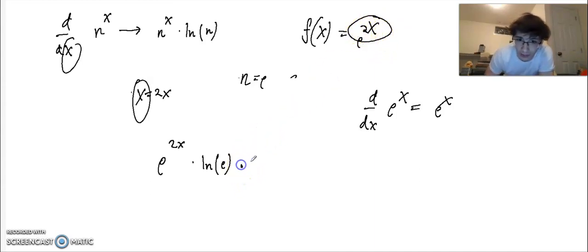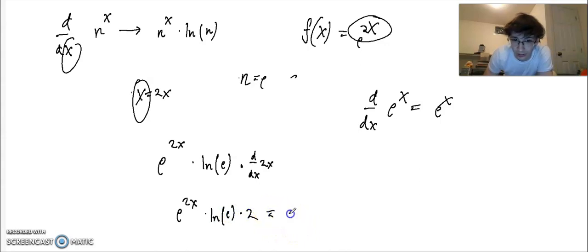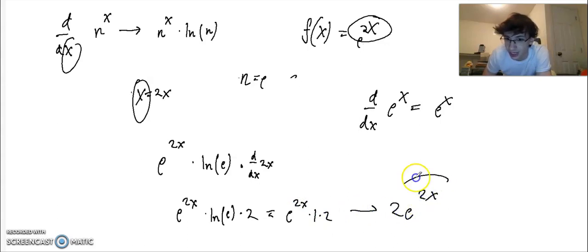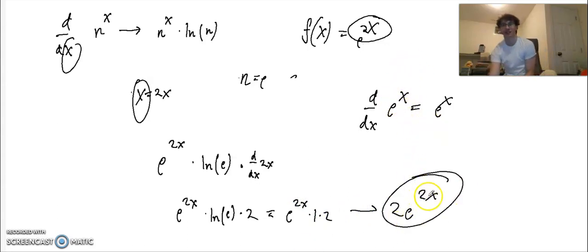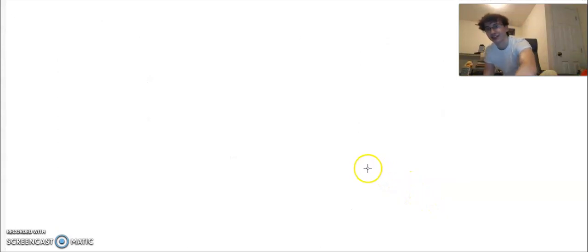So we need to multiply by the derivative of 2x, which gives e to the 2x times ln of e times 2, which equals e to the 2x times 1 times 2, or just 2e to the 2x. And that is our answer. Hopefully I didn't lose you there.